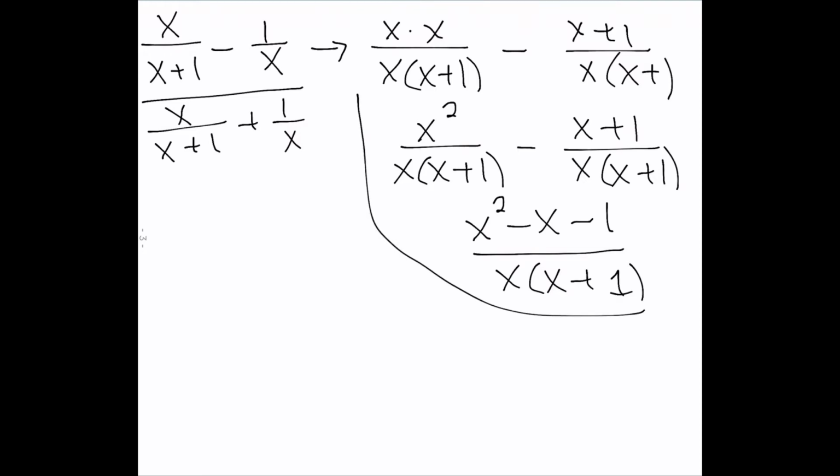For the bottom, you'll notice the only difference between the numerator and the denominator is the negative sign changes to a plus sign. So I'm going to skip a few steps since we've already done the majority of the work, and just change our last step here to a plus sign in the middle.